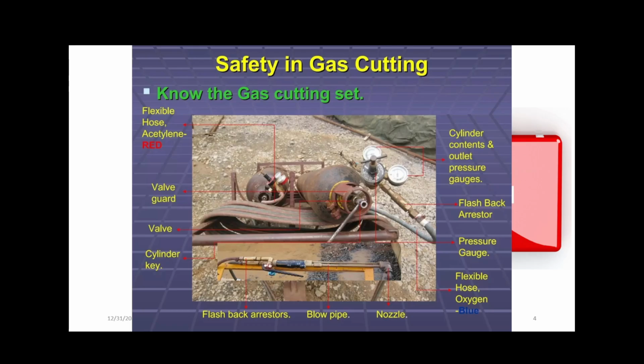All right, take note of all of these: the flashback arrestors, the blowpipe, nozzle, cylinder content and outlet. Understand the pressure gauges, then the flashback arrestor, the pressure gauge, the flexible hose oxygen. Okay, so you can see that the acetylene is red and then the oxygen is blue.